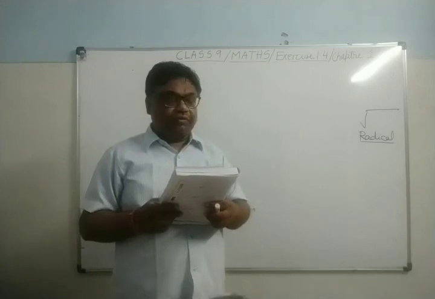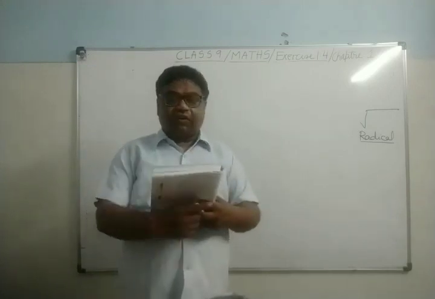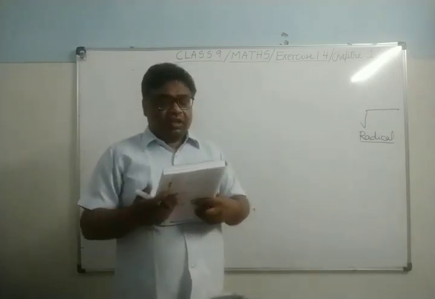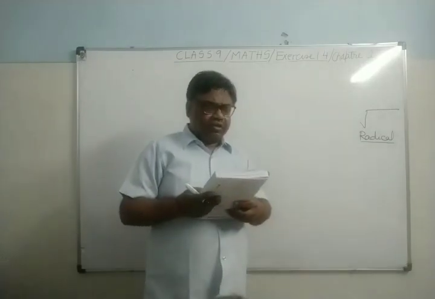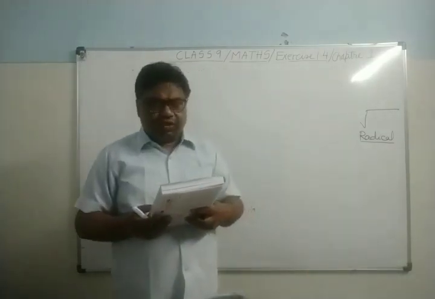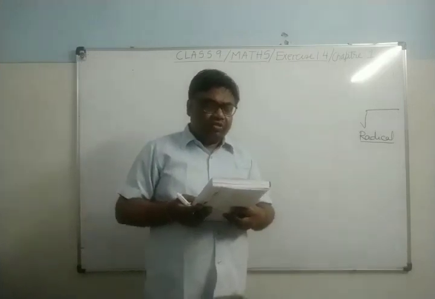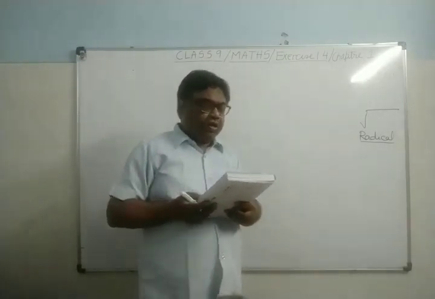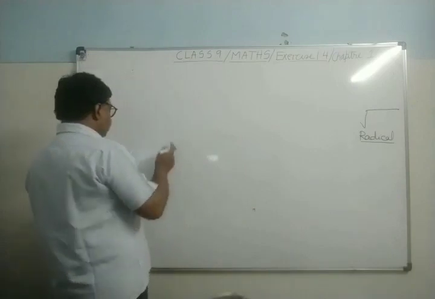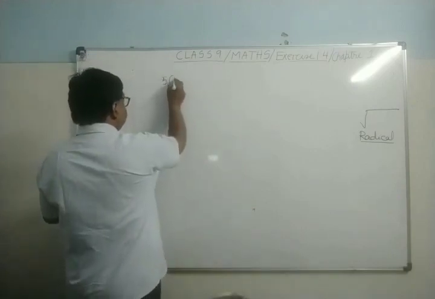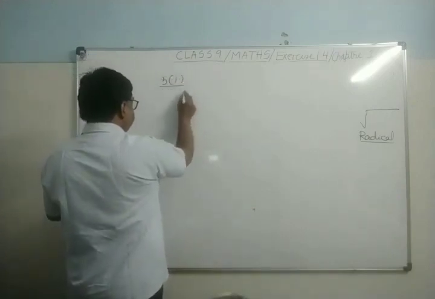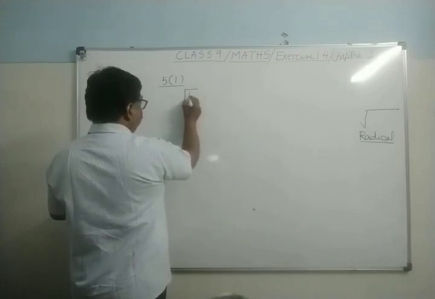So question number 5 is this. State which of the following are irrational. There are 2 parts and in every part many sub parts are there. First, in the first part, we take root 16 upon 5.